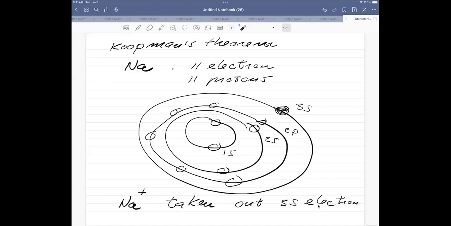Now you also have to be careful, because we are looking at electronic energies only, and they come out in electron volts. The energies which come from the atomic nucleus have a reach of something like 10 to the minus 15 meters. The atomic sodium has a radius with the electrons of something like nanometers. So we are talking about 6 orders of magnitude, from 10 to the minus 15 to 10 to the minus 9.